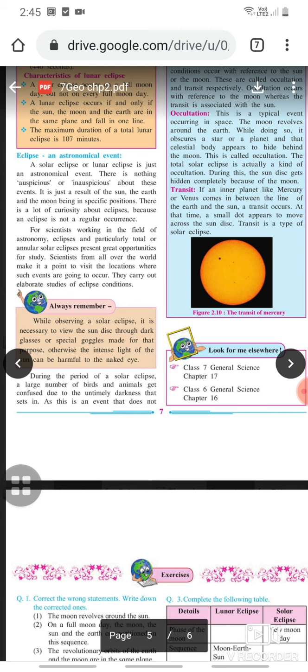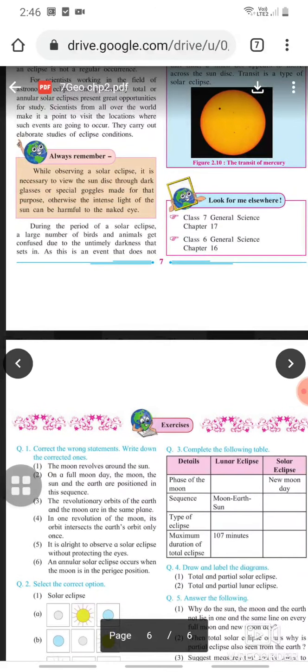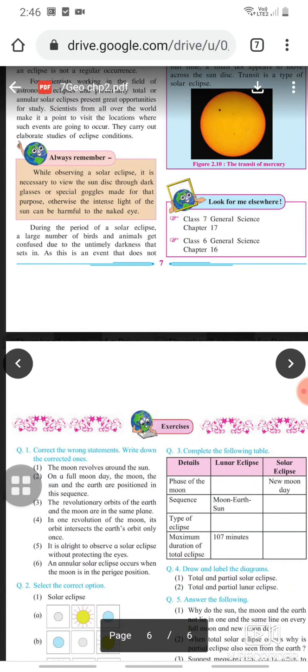Always remember, children, while observing a solar eclipse, it is necessary to view the sun disk through dark glasses or special goggles made for that purpose. Otherwise, the intense light of the sun can be harmful to your naked eyes. During the period of the solar eclipse, a large number of birds and animals get confused due to the untimely darkness that sets in.